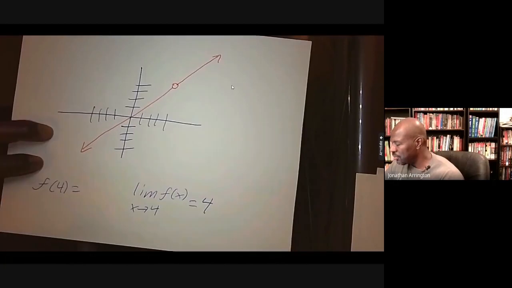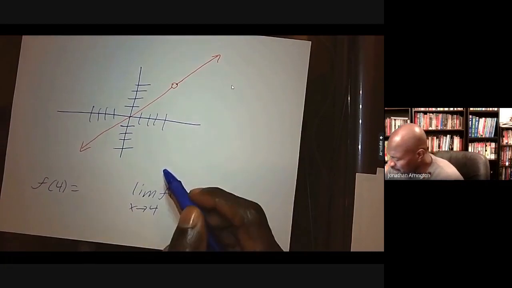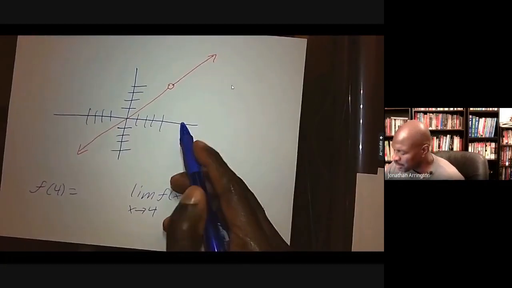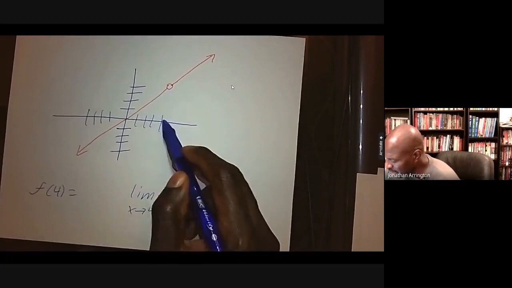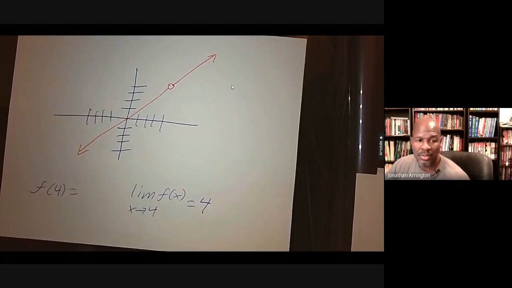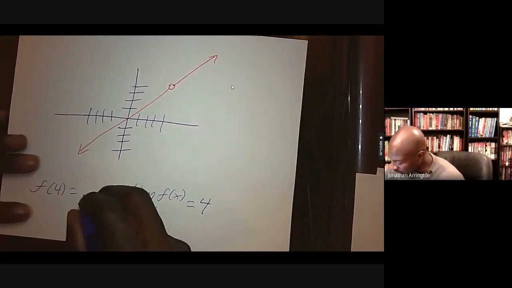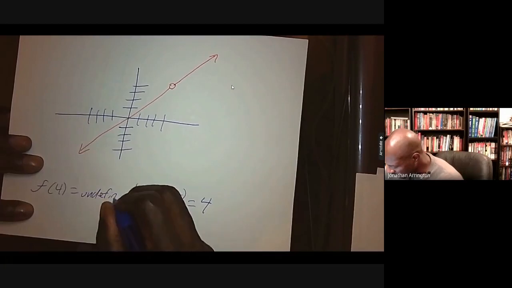What is f of 4? Now remember, when we're looking for the value at the point, I'm looking for a closed circle on that particular value. But there is no closed circle. All you have at x equals 4 is an open circle. So that means f of 4 is not defined. So f of 4 is undefined.